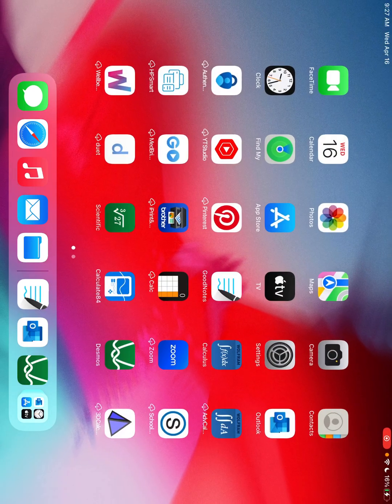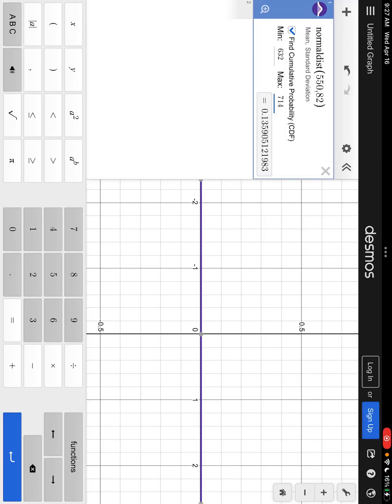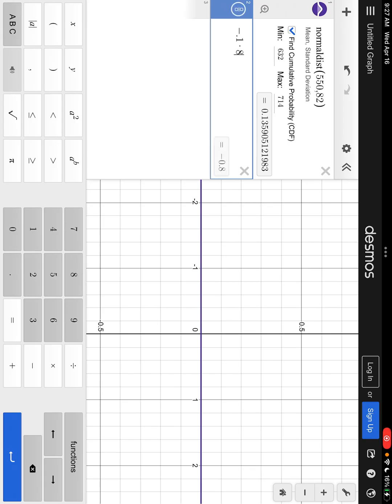So negative 0.1 times 82. All right, and then I'm going to add 550.